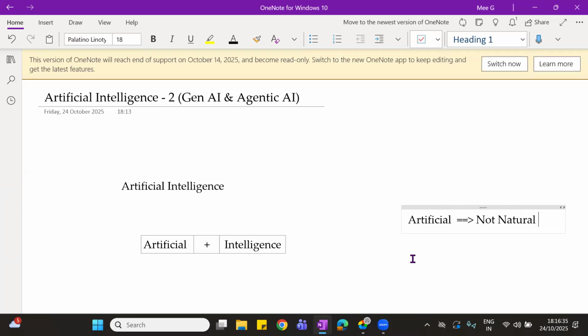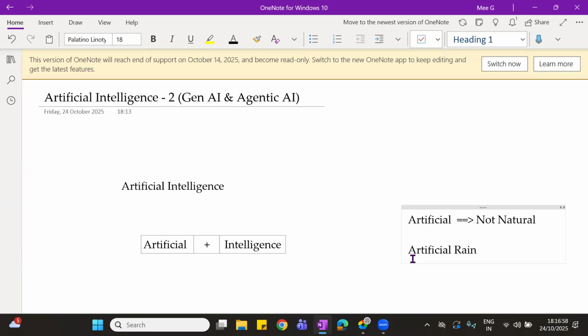For example, we have artificial rain, in the sense that we get rain artificially by spraying some chemicals, right? But there is natural rain.